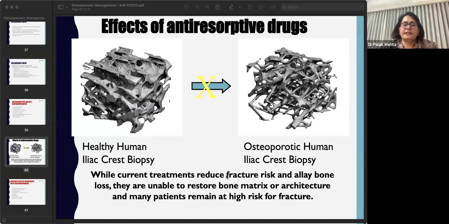So, effects of the anti-resorptive agents: healthy human iliac crest biopsy, while osteoporotic human iliac crest biopsy.